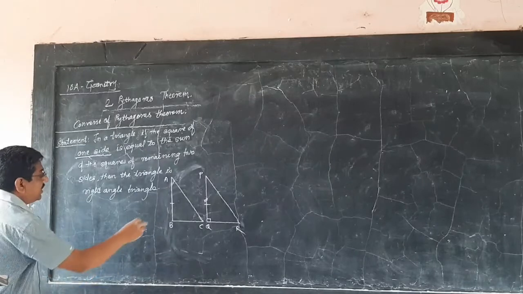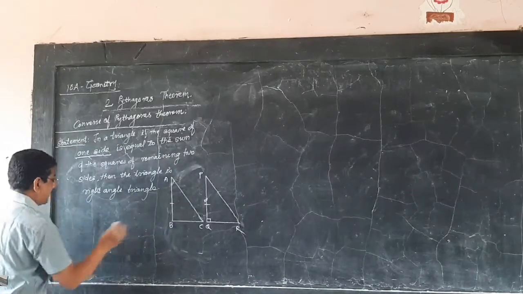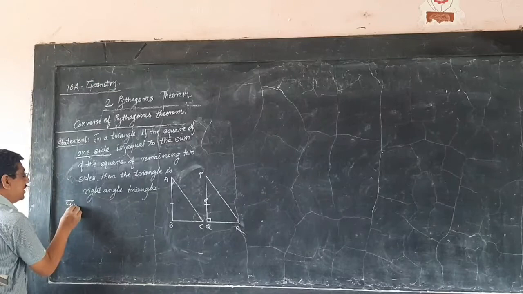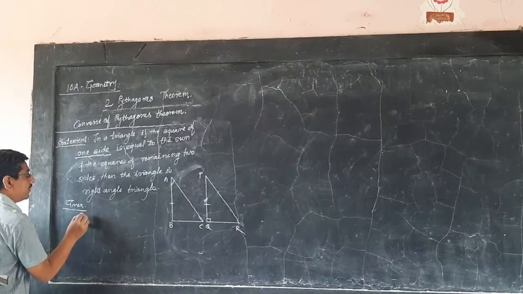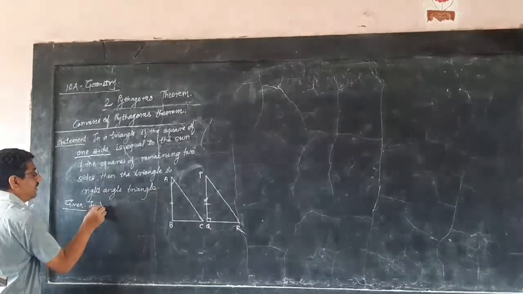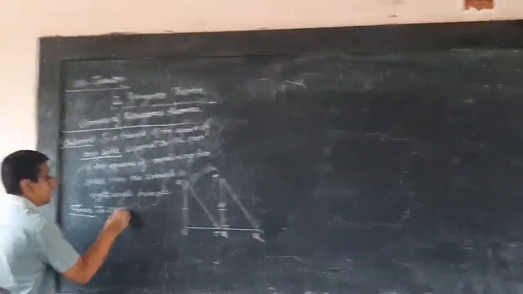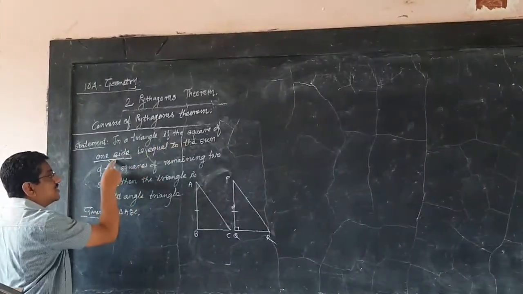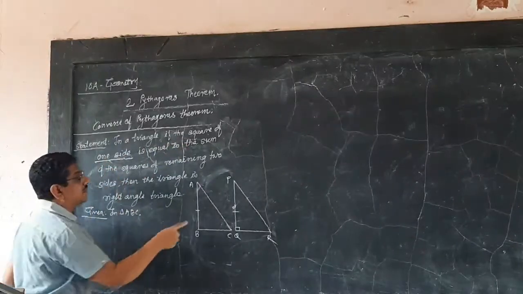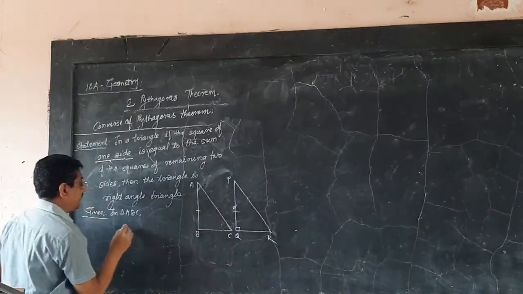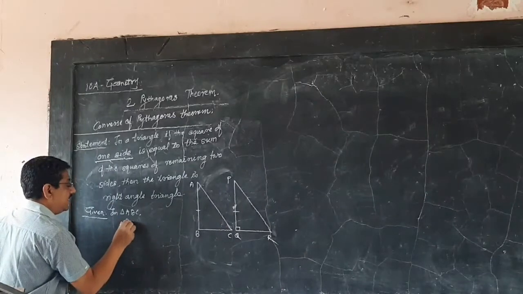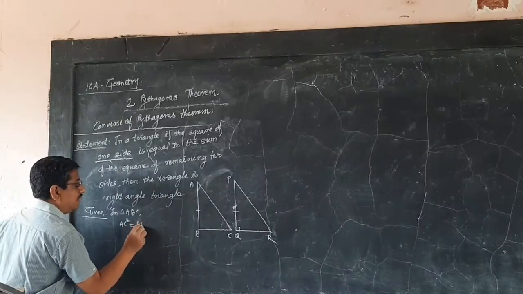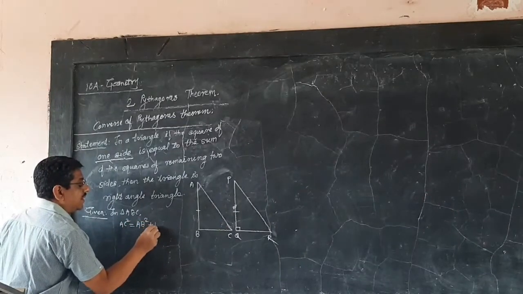Now, in a triangle it is given. Now, see, write properly. Given: in triangle ABC, the square of one side, you can say the greater side, here it is AC. AC square is equal to AB square plus BC square.